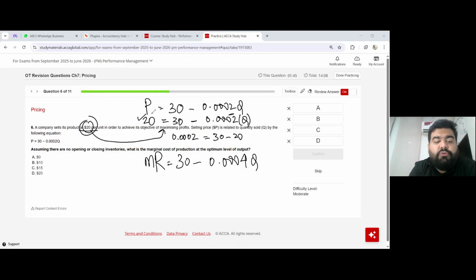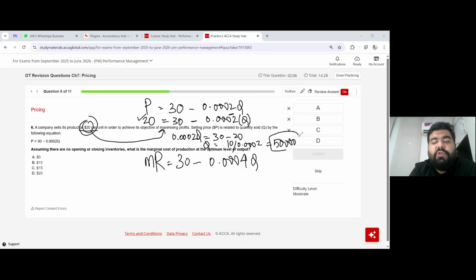We have taken the 20 to the other side. Now the quantity will be 10 divided by 0.0002, because 30 minus 20 is 10. So 10 divided by 0.0002 will be 50,000.